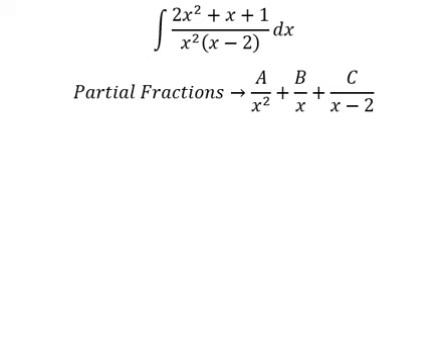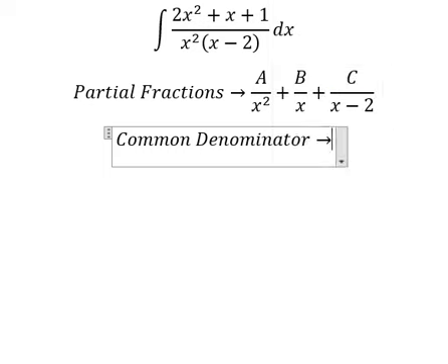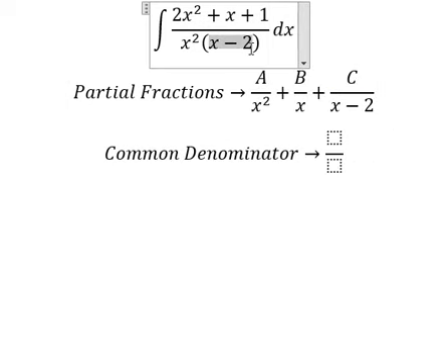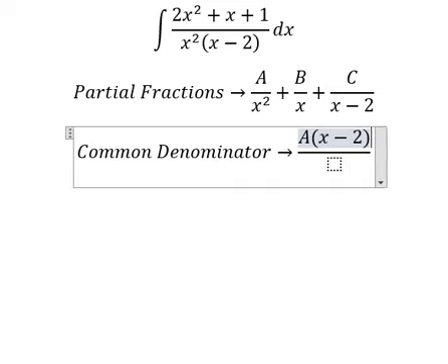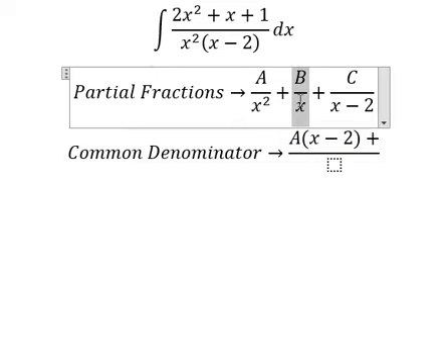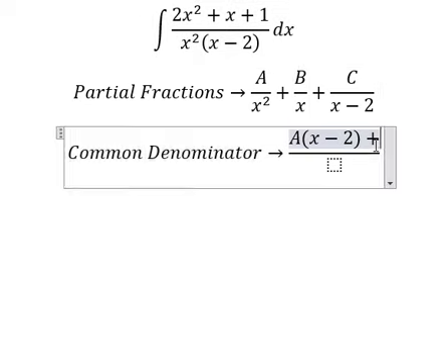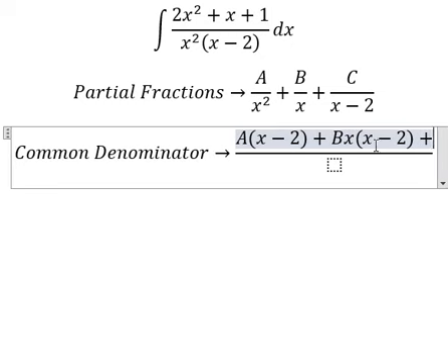Now we can do common denominator. About this one, it is missing s minus 2, so capital A multiplied by s minus 2. About this one, it is missing s and s minus 2, so capital B multiplied by s and s minus 2.